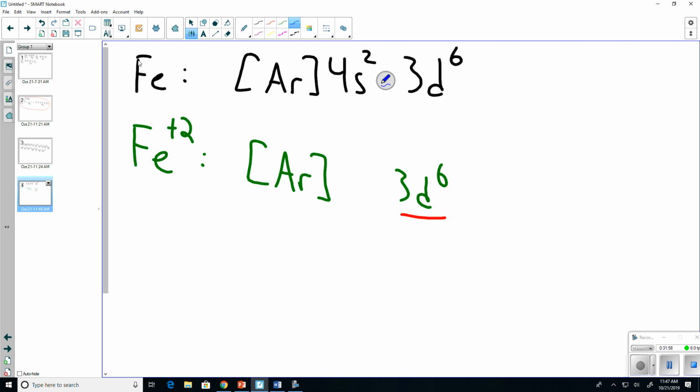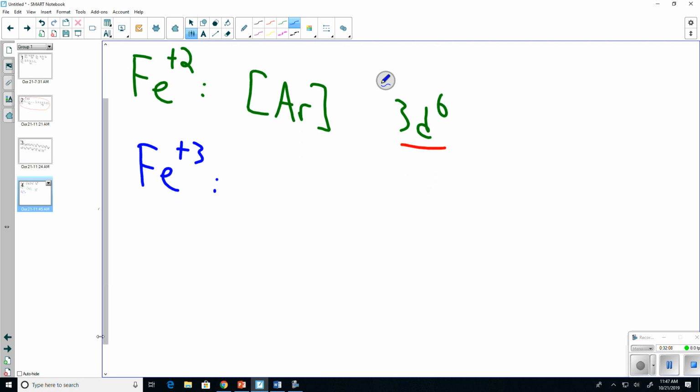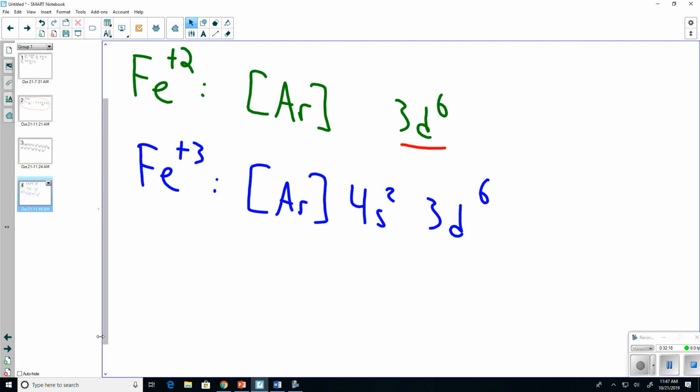Last example on this sheet, Fe plus 3. I'm going to, again, start by just writing down neutral iron, which is argon, 4s2, 3d6. This needs to lose 3 electrons because it's a plus 3 charge.